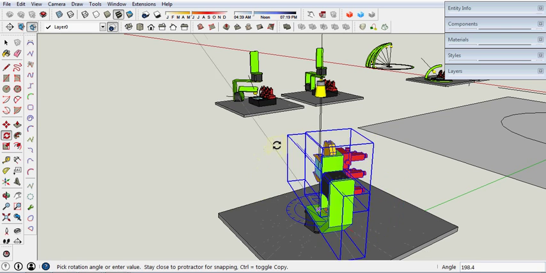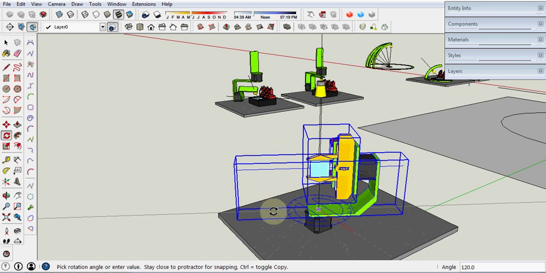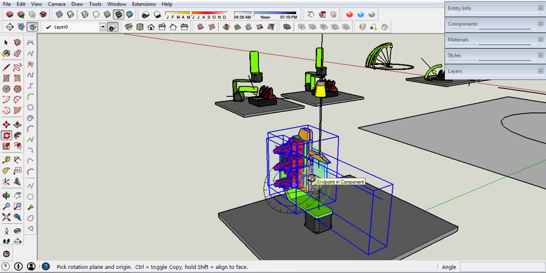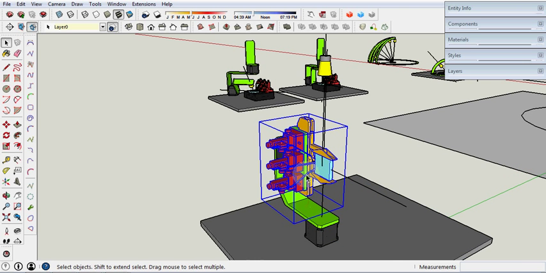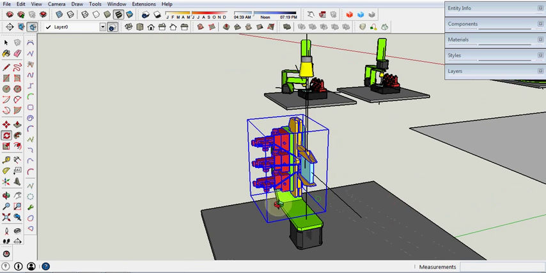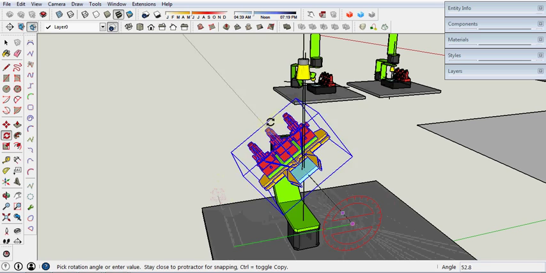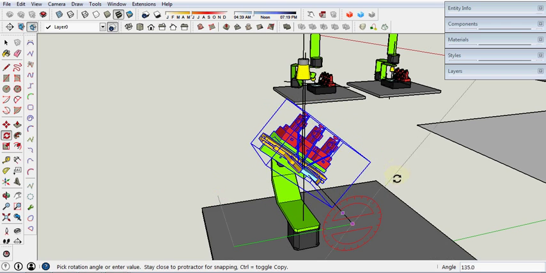Can rotate this 360, and we can tilt it 180, like so and like so.